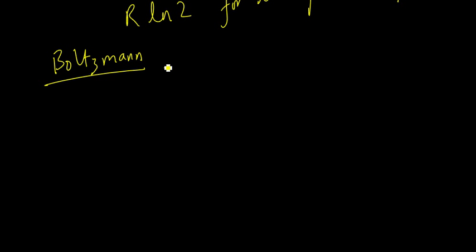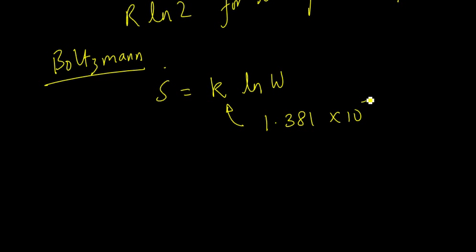What he said was that the entropy of a system, not the change in entropy, but the entropy of a system, S is equal to k ln W, where k is Boltzmann's constant, 1.381 times 10 to the power minus 23 joule per Kelvin.